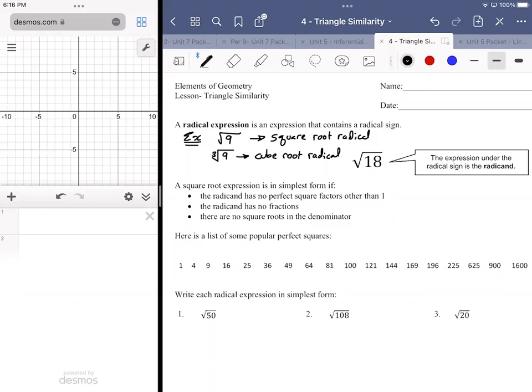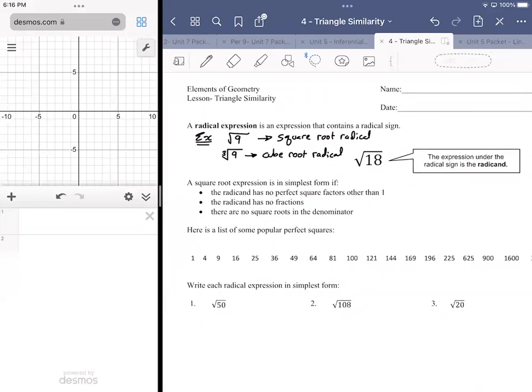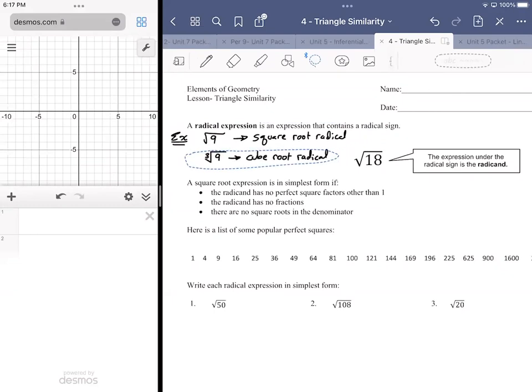So when we talk about a square root radical, we're talking about 2 numbers that multiply to the thing under the radical. Now we're only going to worry about what we call principal square roots. It is possible that you could have negative numbers that multiply to the value under the radical. When I say find the square root of 9, I'm saying give me 2 numbers that multiply to 9.